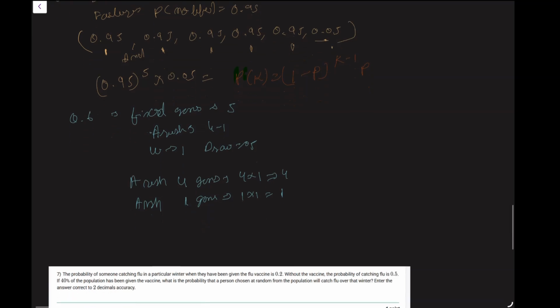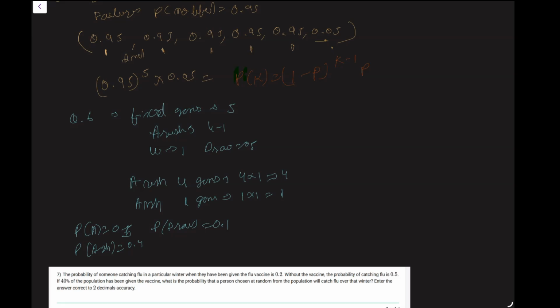Now you have to find the probability. Probability of Arushi winning is 0.5. Probability of Ansh winning is 0.4. Probability of draw is 0.1. So this problem has 2 parts. Part A, the probability of one specific sequence.